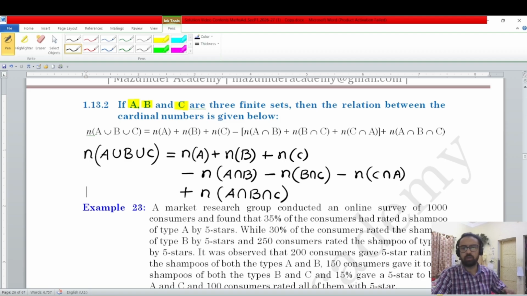So this is the way we write the formula when it is 3 sets. First 3 will be plus, then all 3 will be minus, then the third component will be plus.